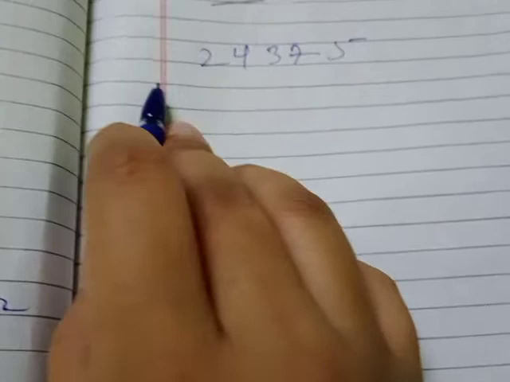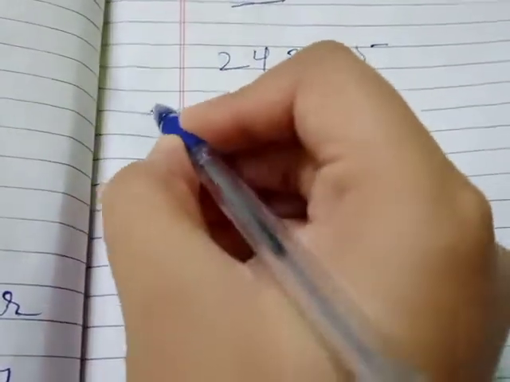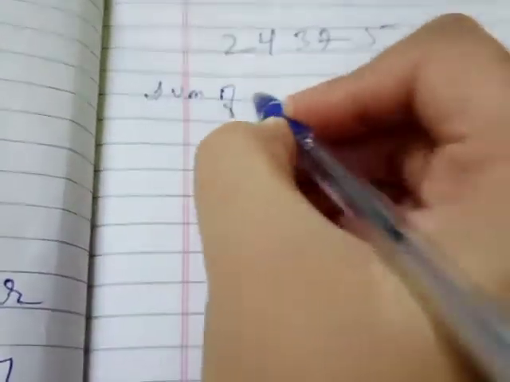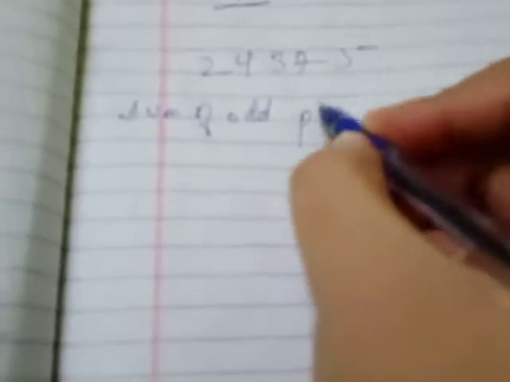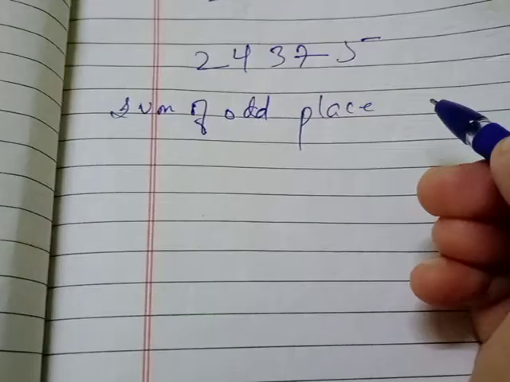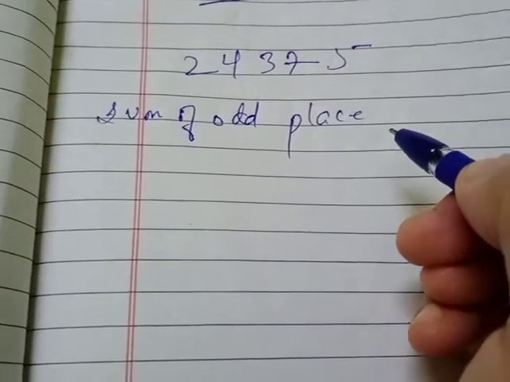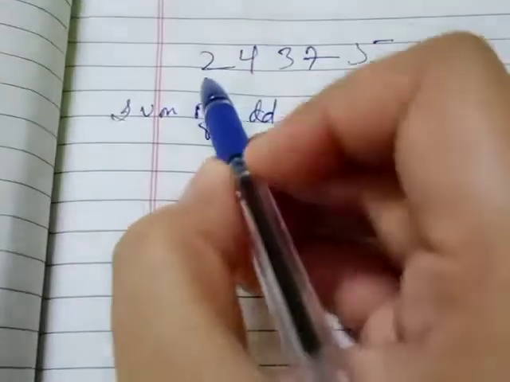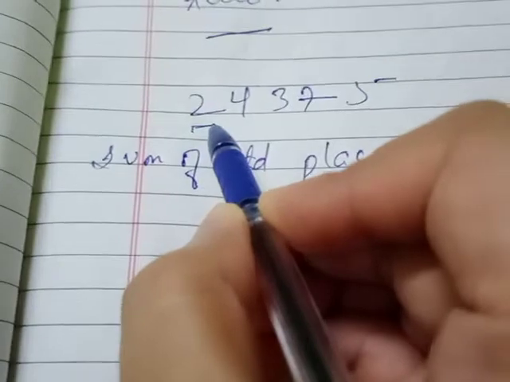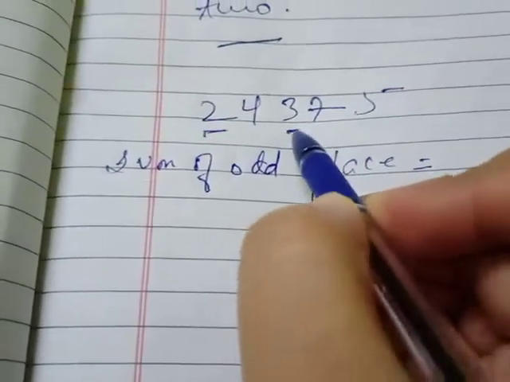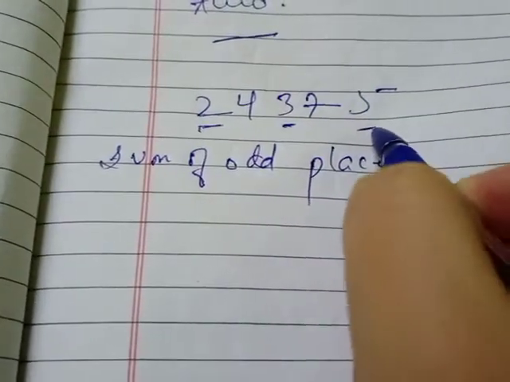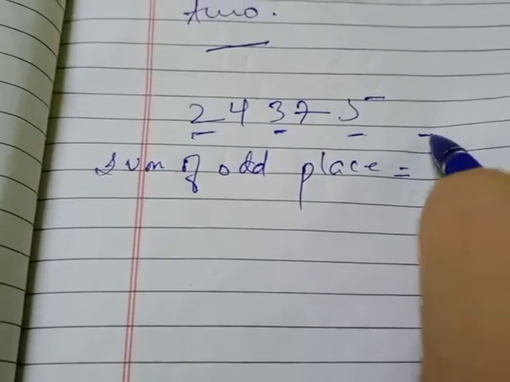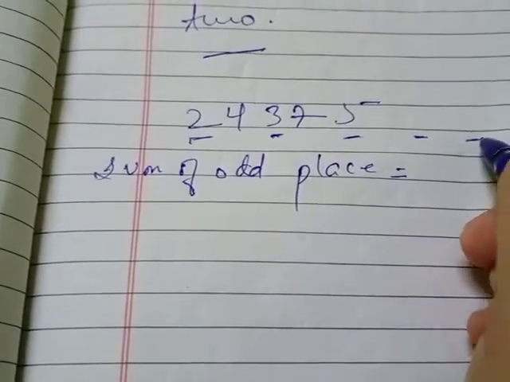For this, you have to do the sum of odd places. Now, what are odd places? Odd places means first place number, third place number, fifth place number, seventh place number, ninth place number.